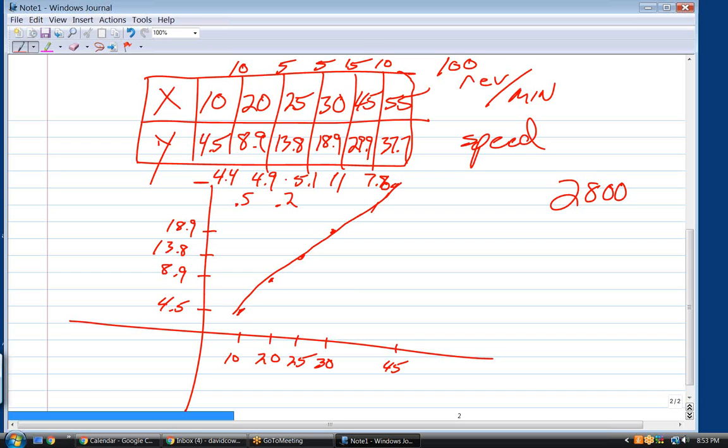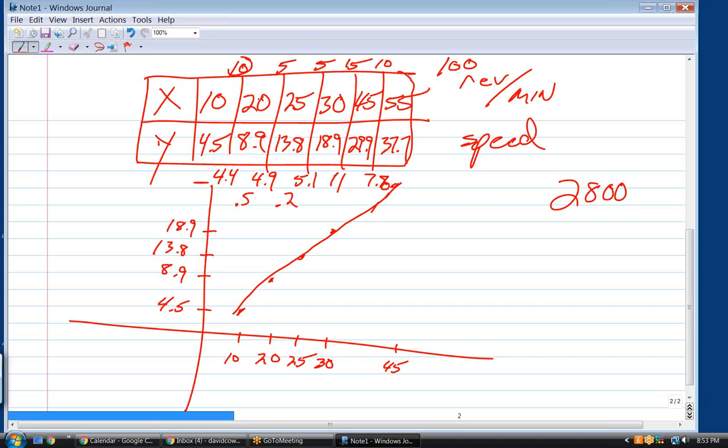It's not exactly linear, because for it to be exactly linear, these numbers would all have to be the same. We're separating everything by 5 in the x's. And every time we move up by 5 in the x, we move up by almost half that amount in the y.